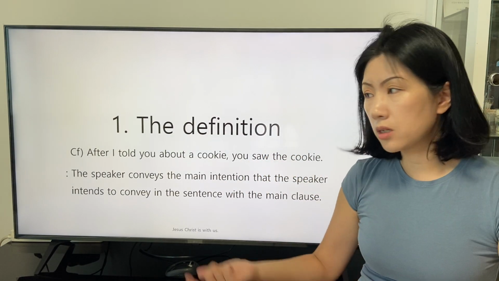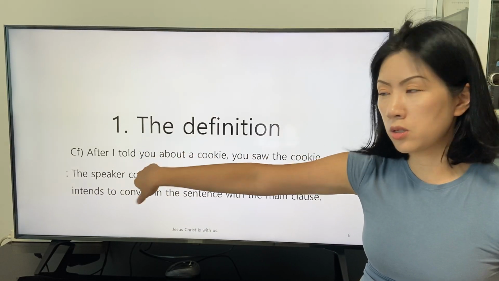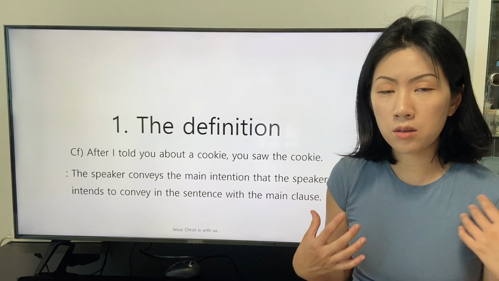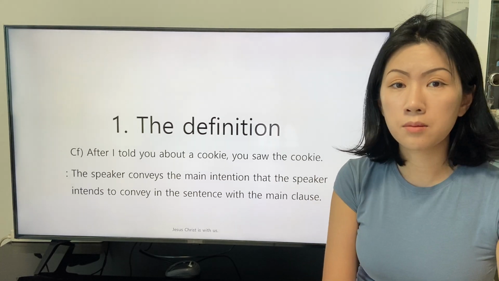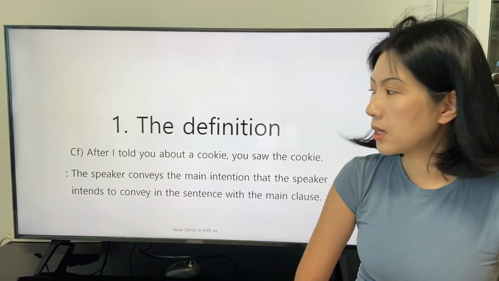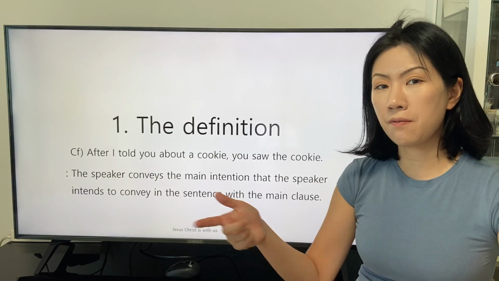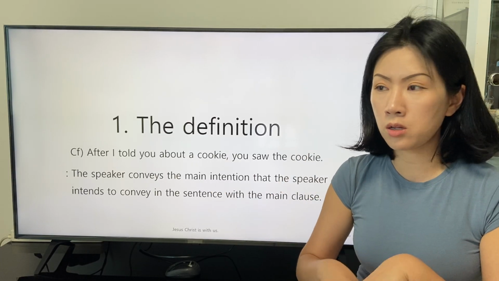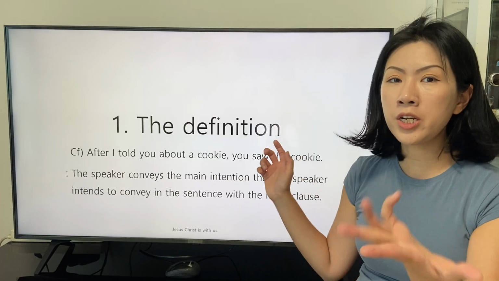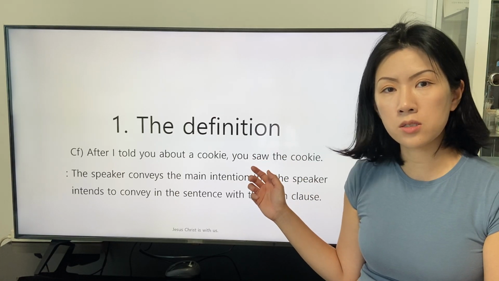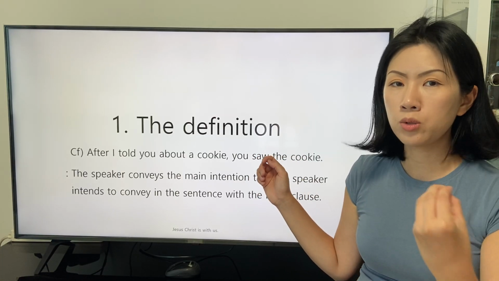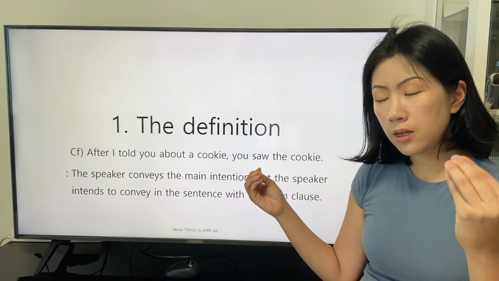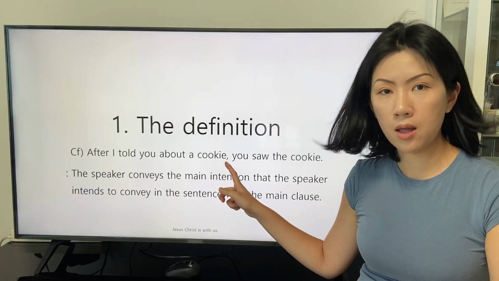Then the speaker states the subordinate clause at first because of the speaker's intent, and the speaker clarifies the fact that the subordinate clause is stated earlier than the main clause by his or her own intent and by this comma.